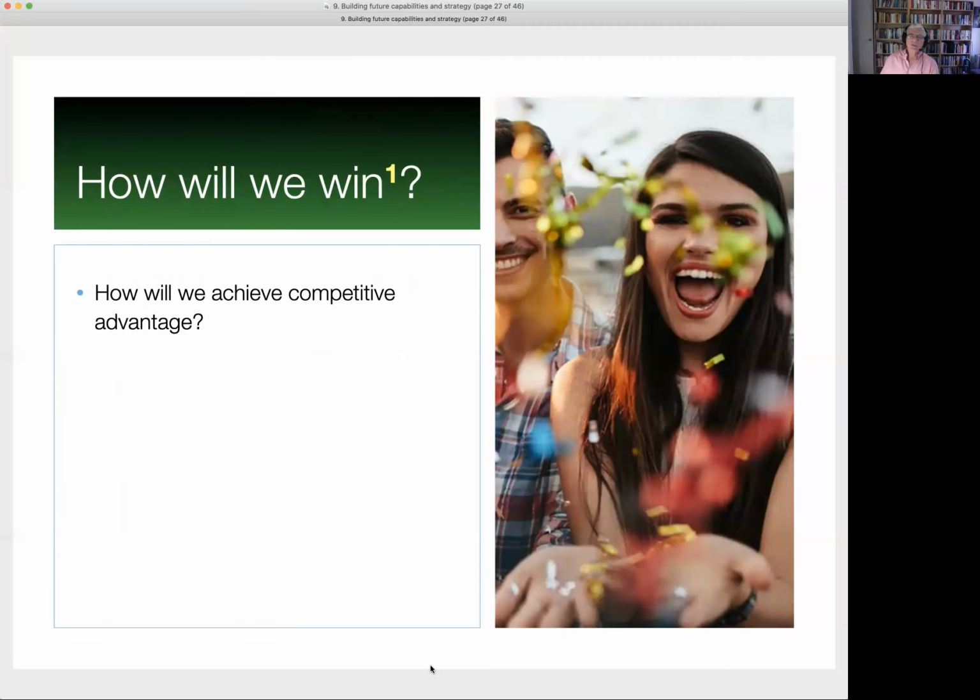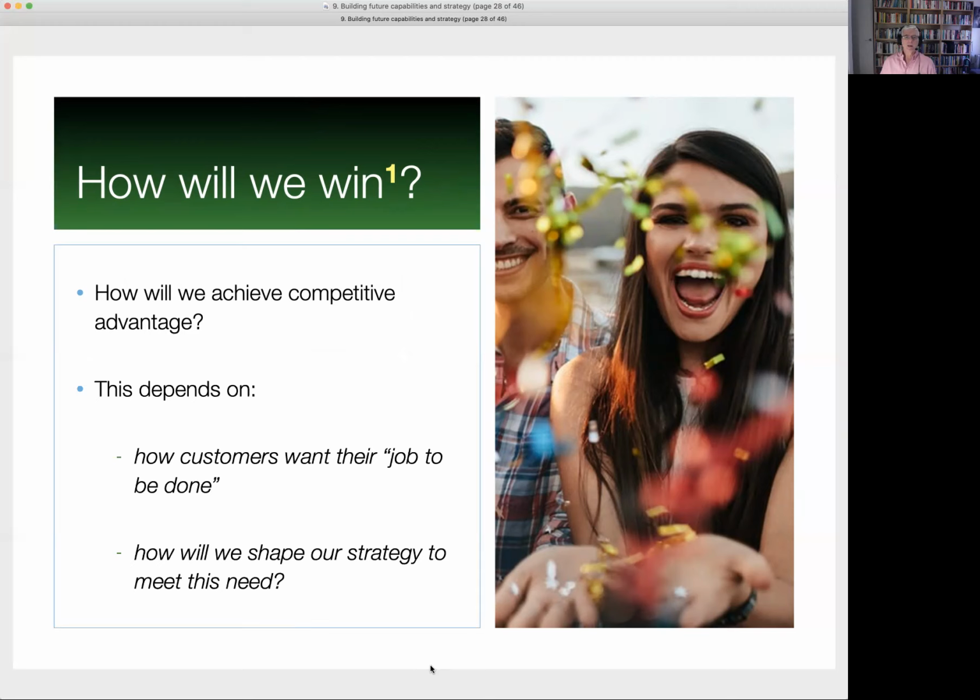Now, the issue of how we will win, how we will achieve competitive advantage, is a really interesting and important one. And I'm going to share with you a particular little framework we use within Play to Win to help us do this. Because we understand that how you achieve competitive advantage depends on how customers want their job to be done, and how we then use this knowledge to shape our strategy so we can actually meet this need.